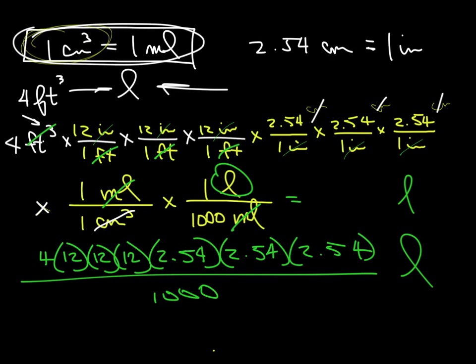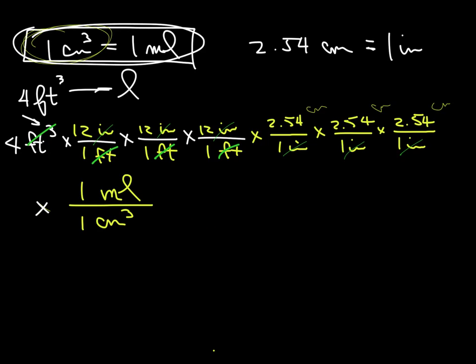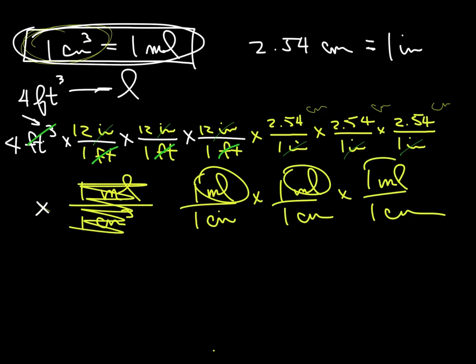Now I suppose if you want, we could, instead of writing this, write it as 1 milliliter, but the problem is we don't have 3 milliliters, because volume, when you're dealing with liters, is not cubed. So that can be a problem there.